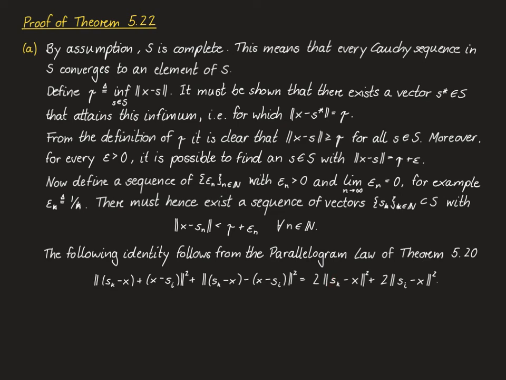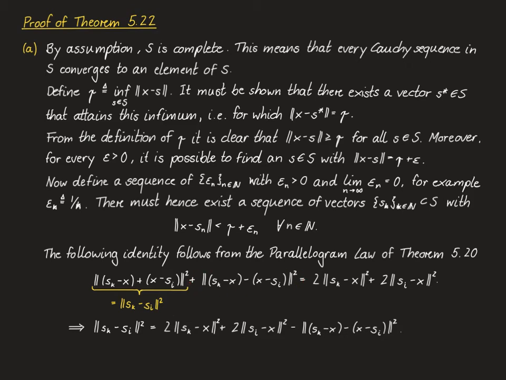Here, sk and si obviously represent two elements of the sequence of vectors Sn. In the first term, apparently the vector x cancels out, so it can be written as the squared norm of sk minus si. By bringing this term to the other side, we obtain this equation, where we now proceed to bound each of the 3 terms on the right-hand side separately.